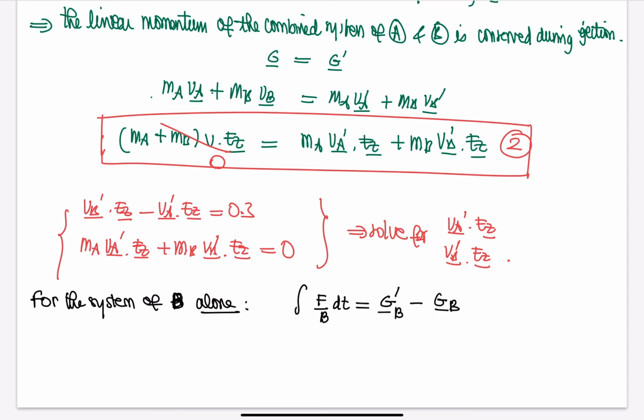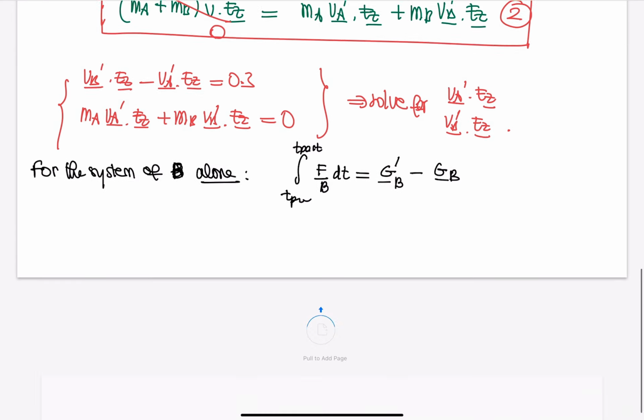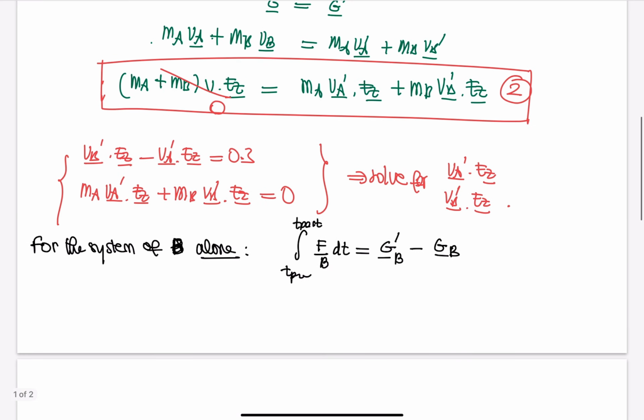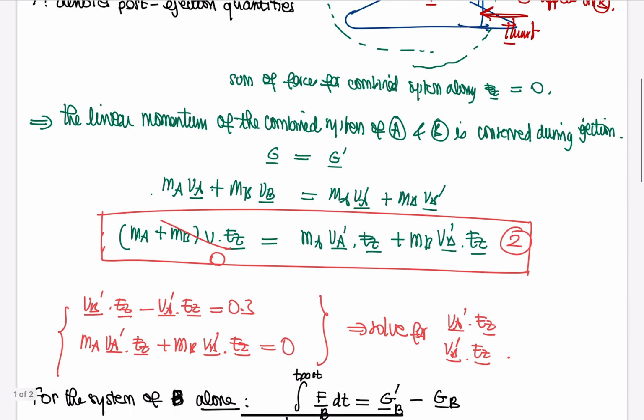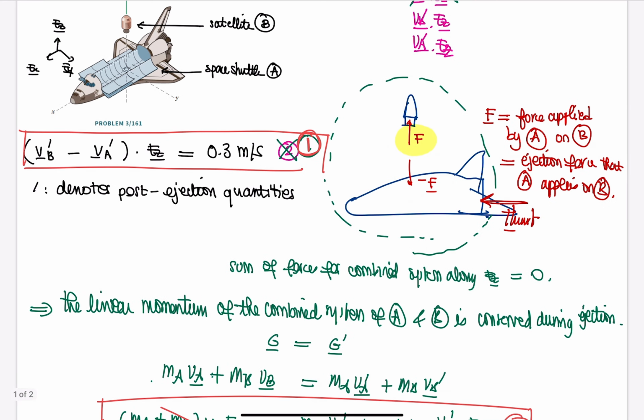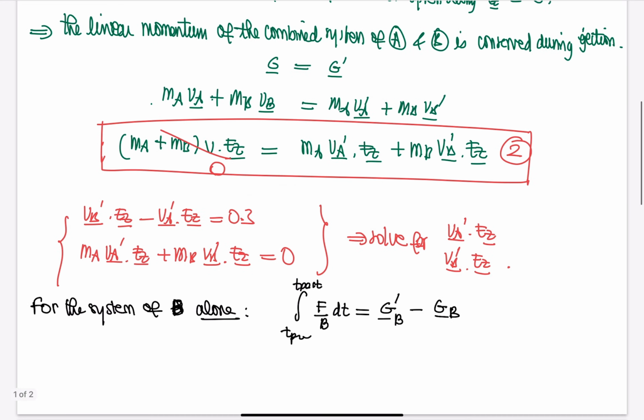From basically integrating from t pre-ejection to t post-ejection, not impact. And I just need to apply this along EZ, so I can just project. The force along EZ applied on this is just this force F here, its magnitude basically. So I'm going to call this F.